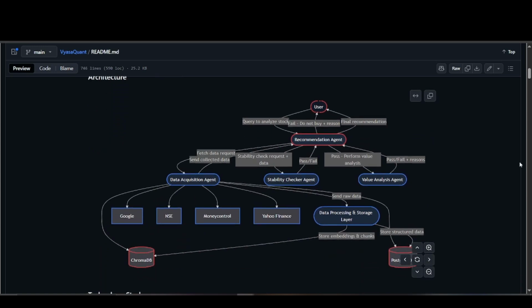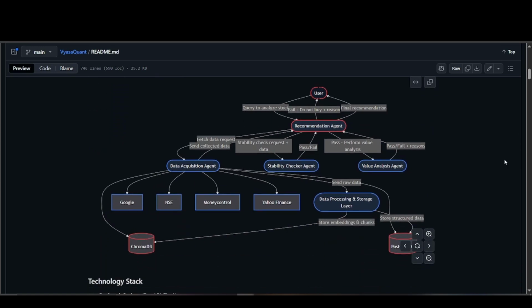So this is how the high level architecture looks. The user can input the stock's name to the recommendation agent. The recommendation agent will then send this request to the data acquisition agent to fetch the various data, and then it will be converted into MCP tools by the data processing layer.